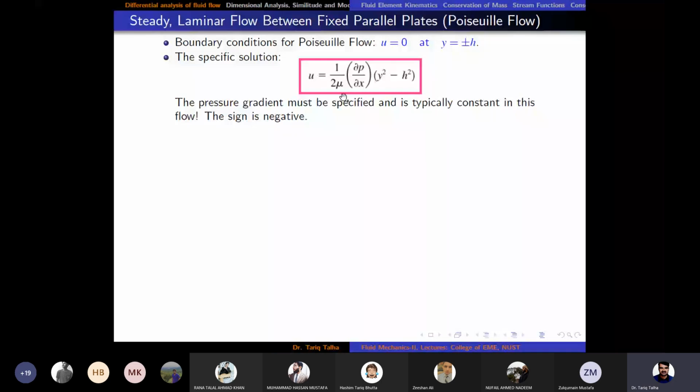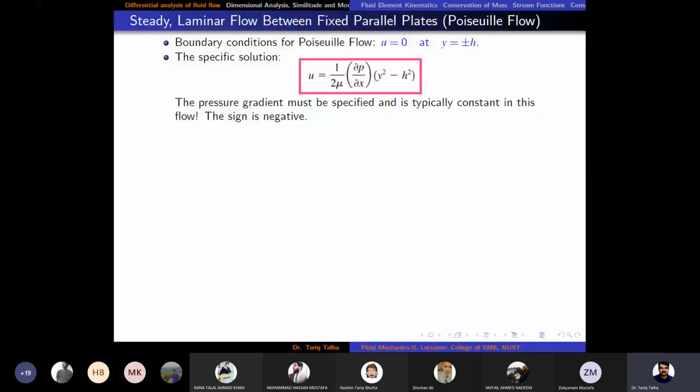This pressure gradient is usually a negative quantity. Why is it negative? Because we all know that fluid flow happens from high pressure to low pressure. That's why we put a pump when we need to flow water from one place to another, like from your underground storage tank to the overhead tank in your home. We create high pressure at the pump side, and because there is low pressure at the other side, the fluid flows.